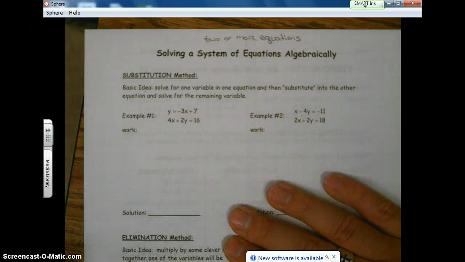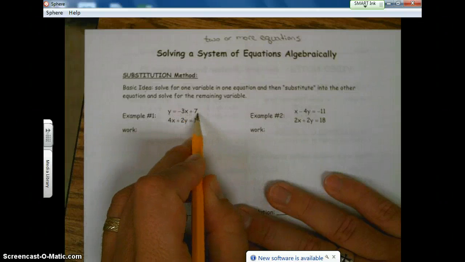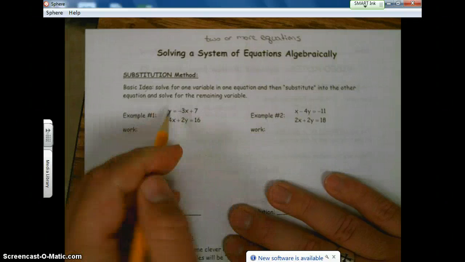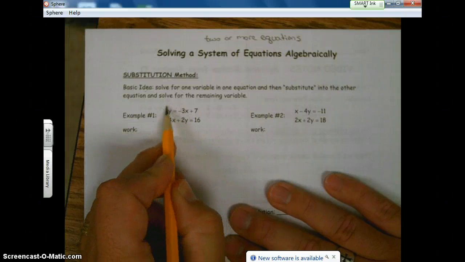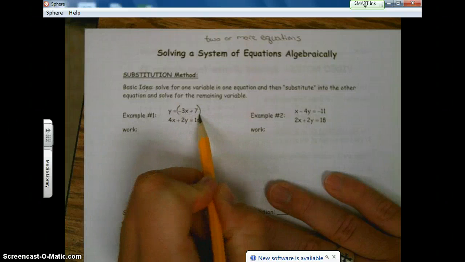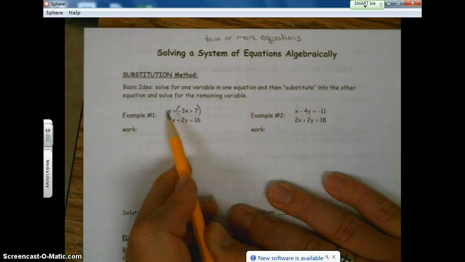the remaining variable. So notice in example 1, the first equation is already solved for y. How do I know that? Well, y is isolated on the left side, so this equation is solved for y, which means that negative 3x plus 7 is the same as y.